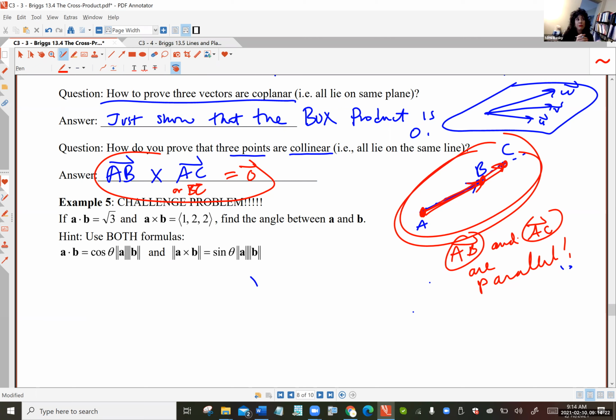The objective was to see if you could think about what the idea of collinear means: it means you would have parallel vectors, and parallel vectors are scalar multiples. So it was a hard problem.